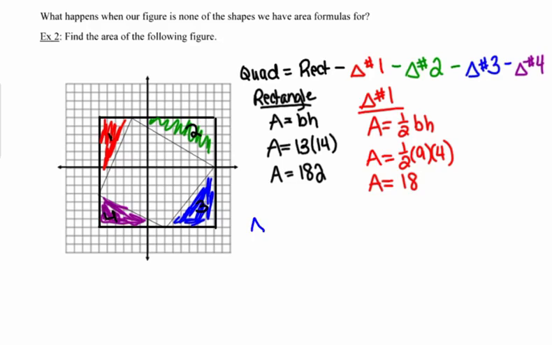For the blue triangle, I've already put the triangle formula down on my paper, so I can substitute right into the formula. So I'm getting the base and height of that triangle to be 7 and 6, making its area 21 square units.